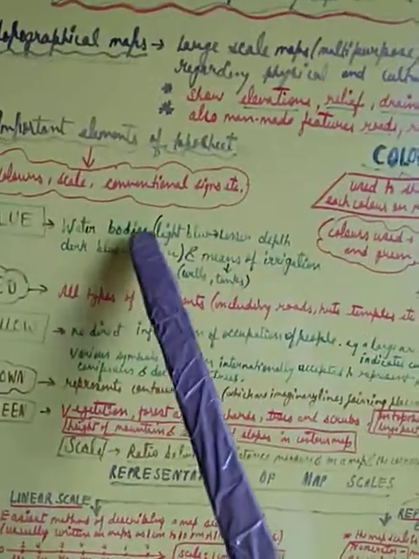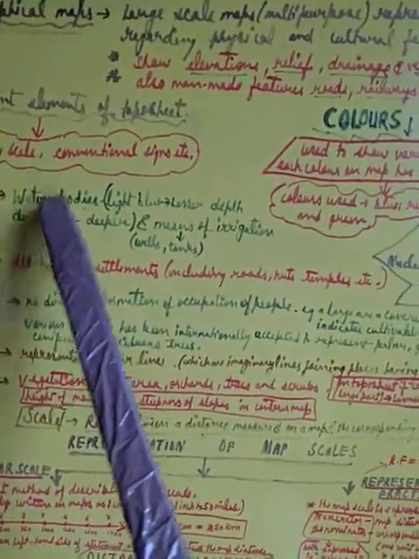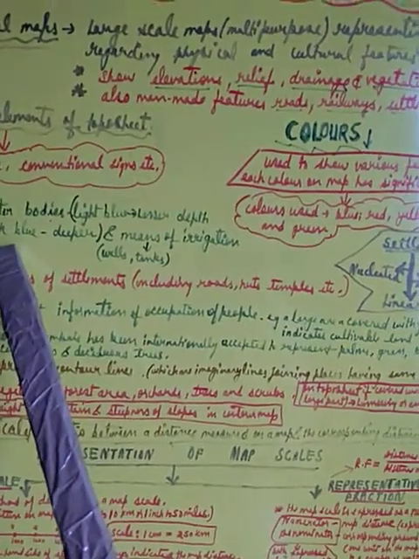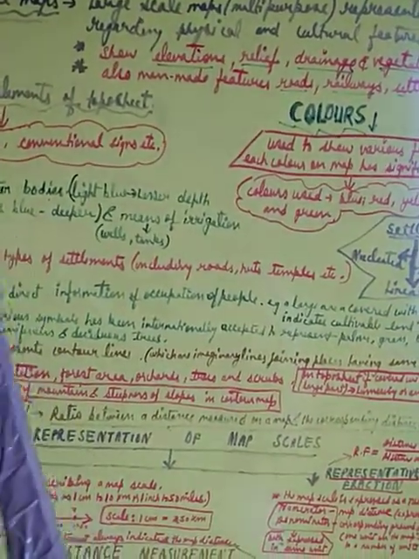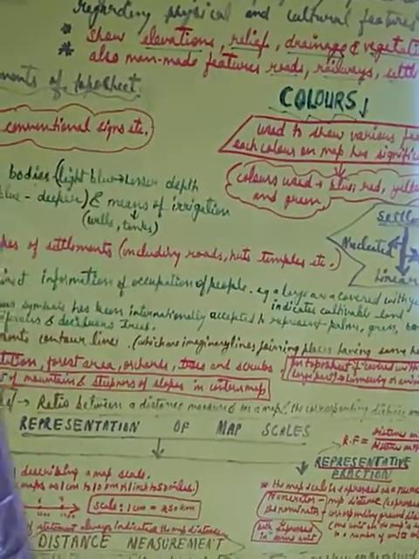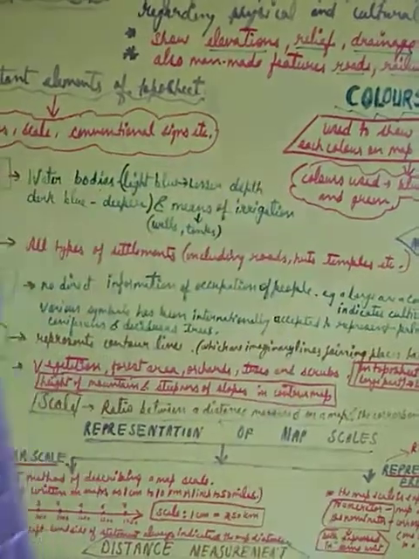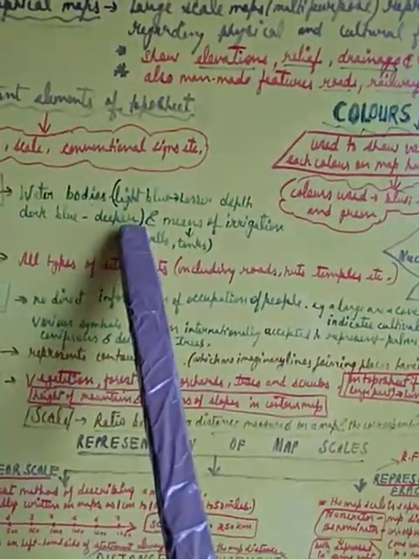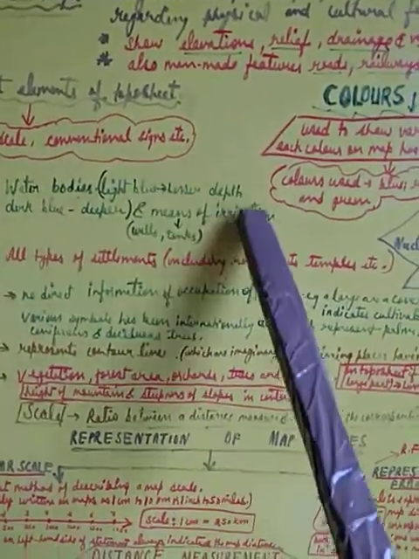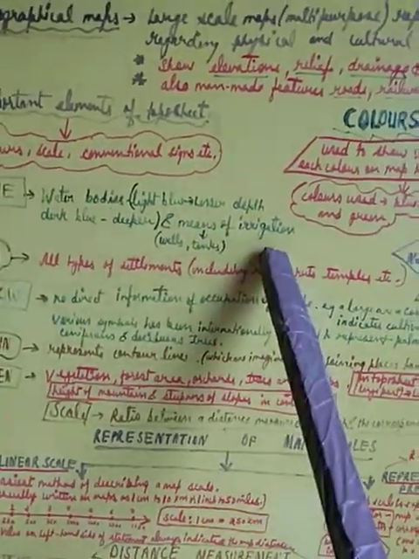Water bodies can be any kind of water body: lakes, ponds, rivers, oceans, seas, anything. In this blue color we have two different shades, light blue and dark blue. Light blue shows the lesser depth, and dark blue shows the deeper one. It also shows the means of irrigation such as wells, tanks, etc.